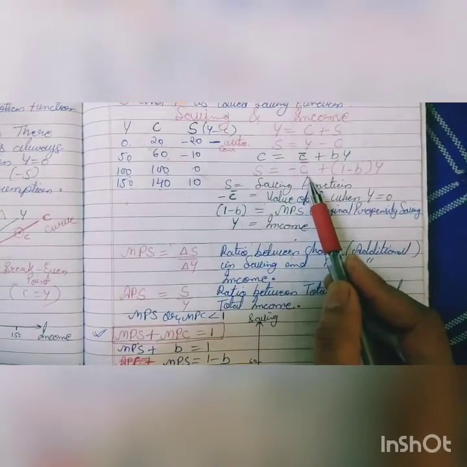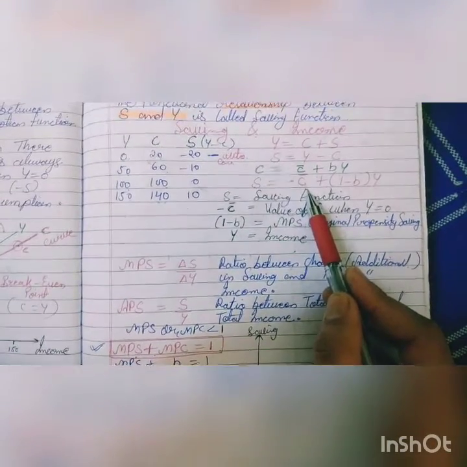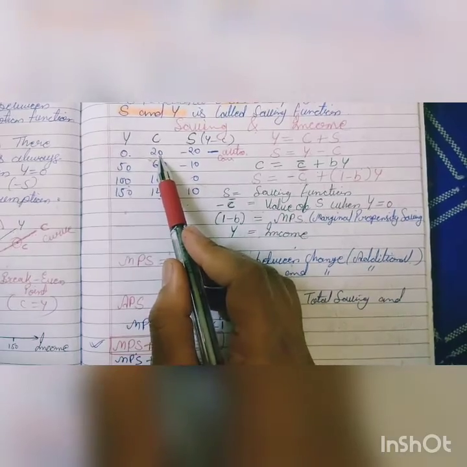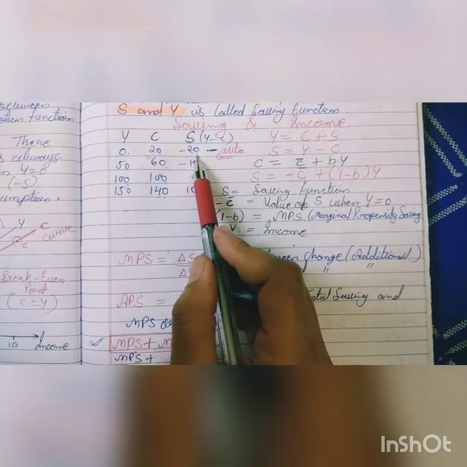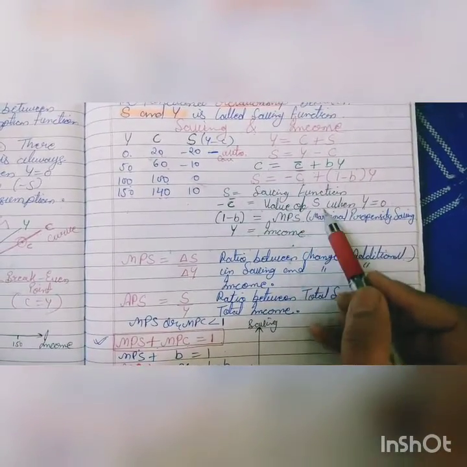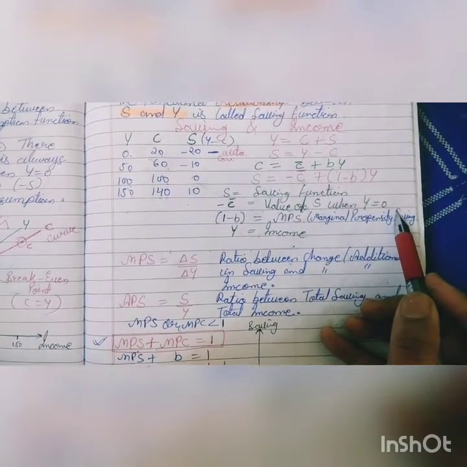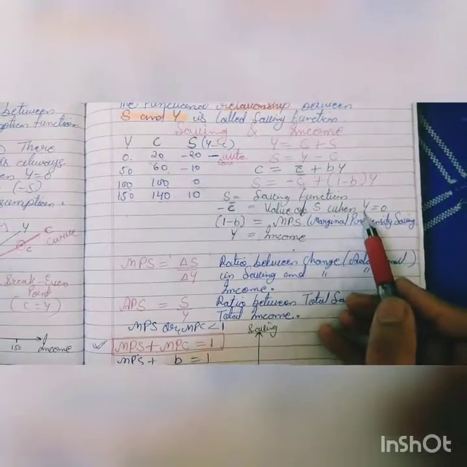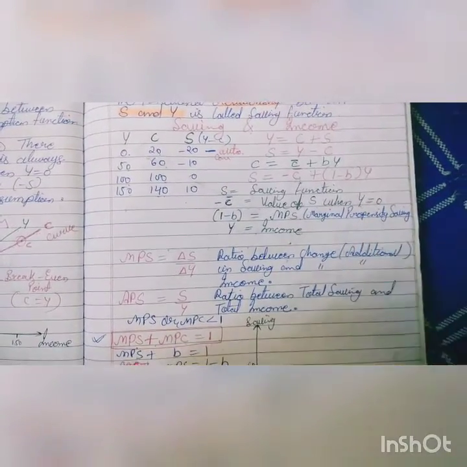So here we put the minus autonomous consumption, right? Autonomous consumption is 20, so autonomous saving is minus 20. Okay, so minus C is the value of S when Y is 0. Because income is 0, how do we save?